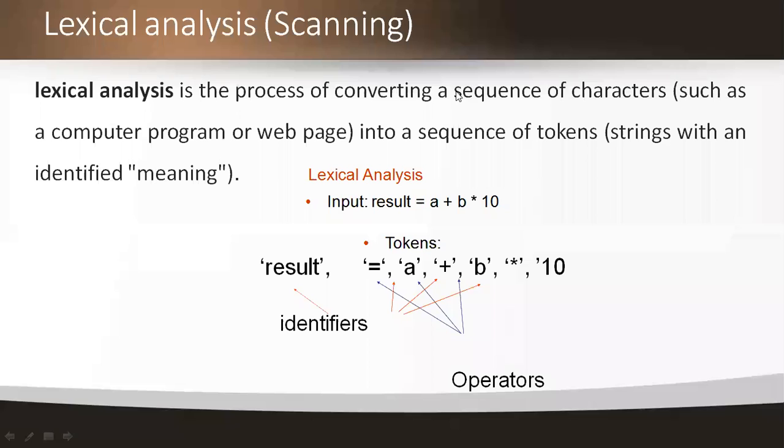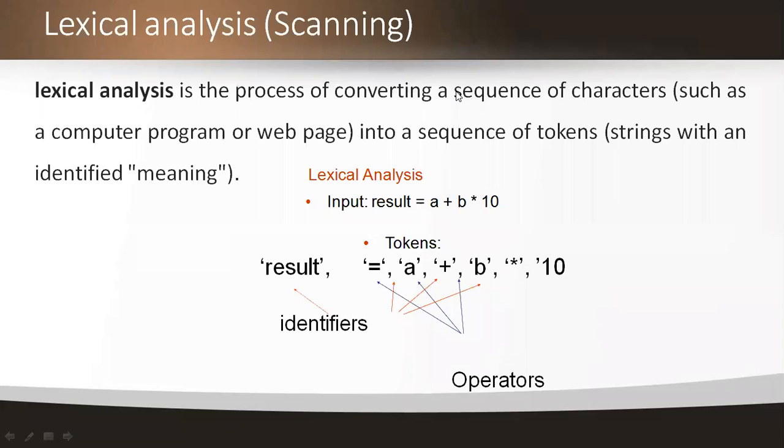So see what functionality the lexical analyzer performs when we implement phase number 1. It is the process of converting a sequence of characters into a sequence of tokens. Make a note of what lexical analysis is. The single thing that we perform is taking the sequence of characters as an input and converting them into a sequence of tokens.